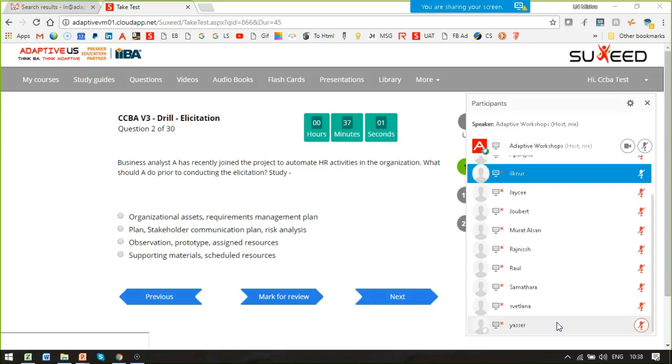The organizational asset is a very strong term, and risk analysis again is not very explicitly mentioned as part of your requirements preparation. So that's why we did not choose B, but B is also not a wrong option as such. But I would go more with A because of the presence of organizational asset, which is directly mentioned in BABOK. Okay.